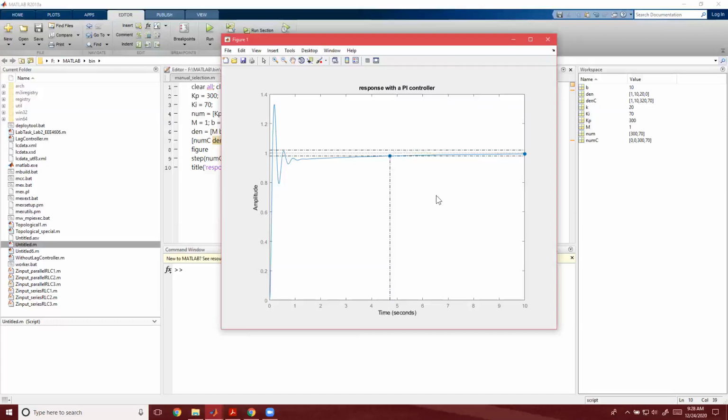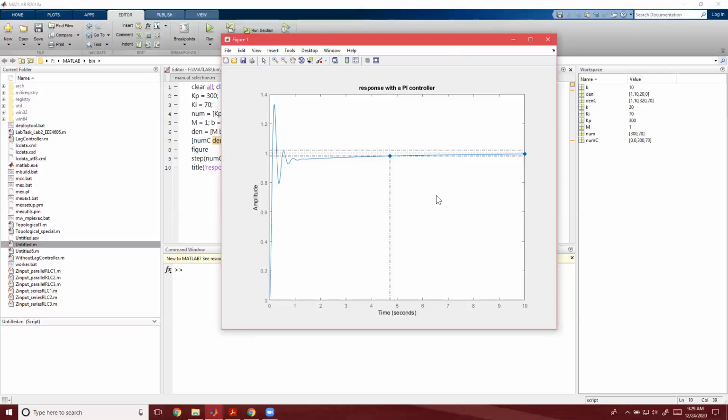So if we insert an integral controller, our transient response, so we refer to the settling time, if it has increased settling time, we say that our transient response will degrade. It will take a huge amount of time for our response to settle to the final value. This will be really detrimental, right?